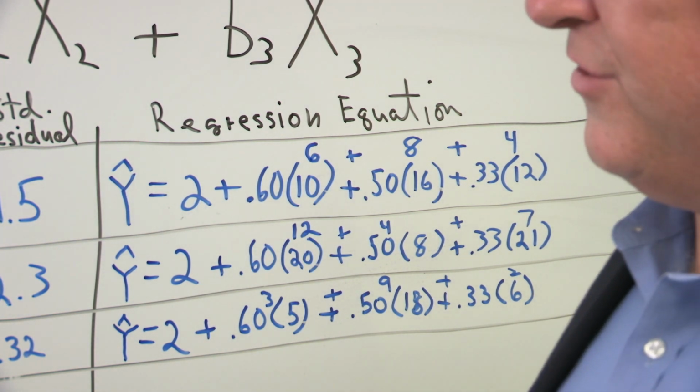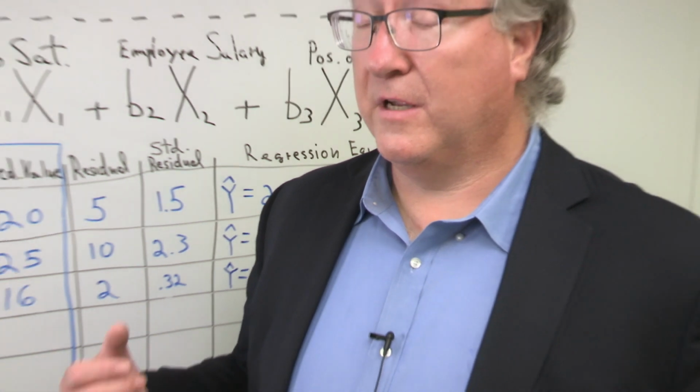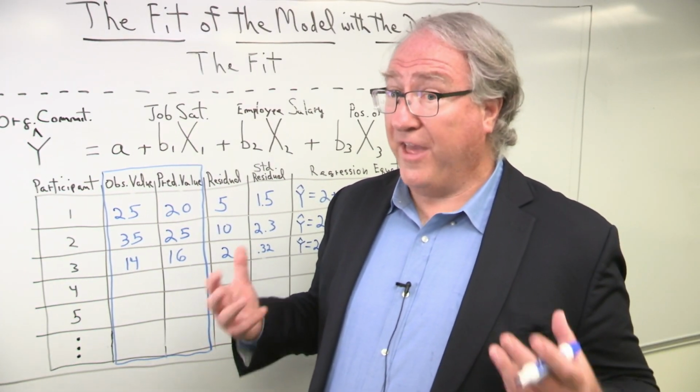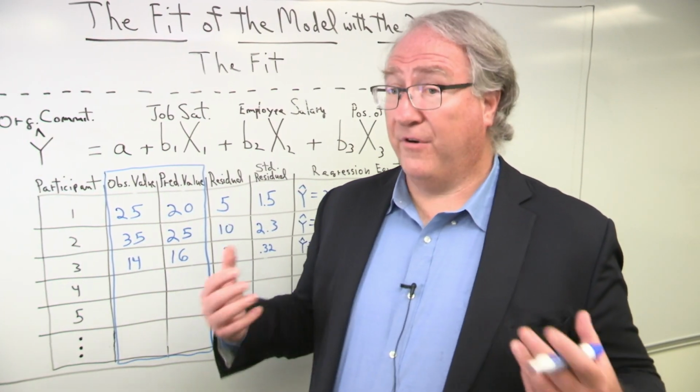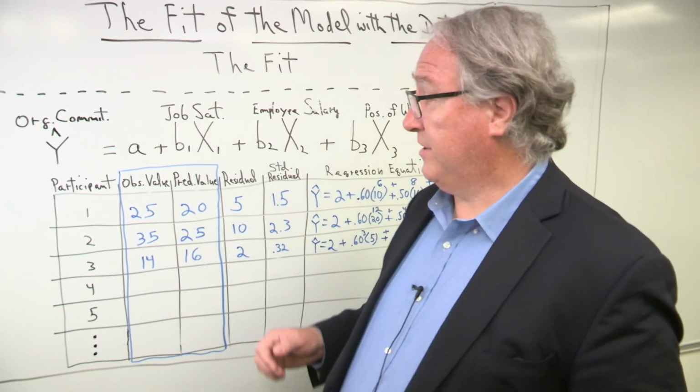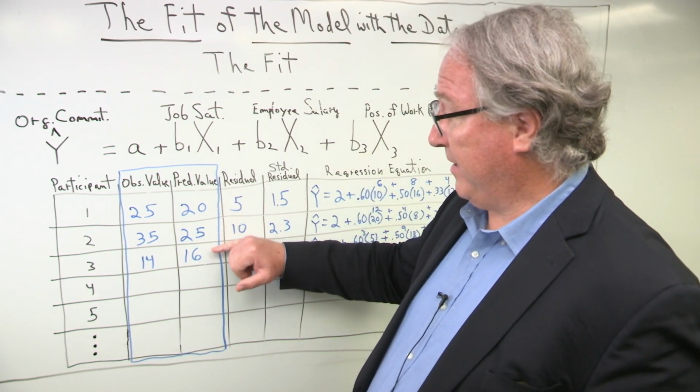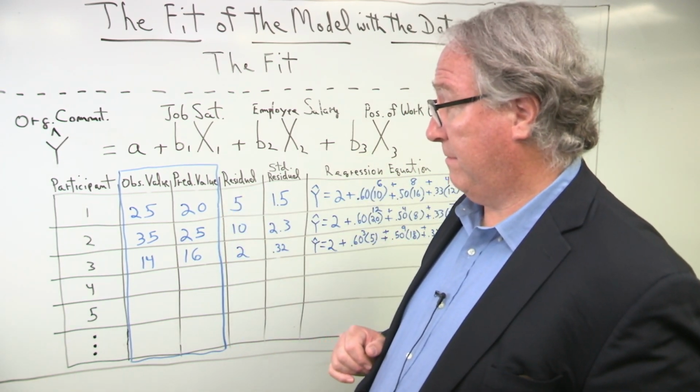Those are the only values that are varying from participant to participant, and thus they are creating the variability, the variance in the predicted values coming out of the model.